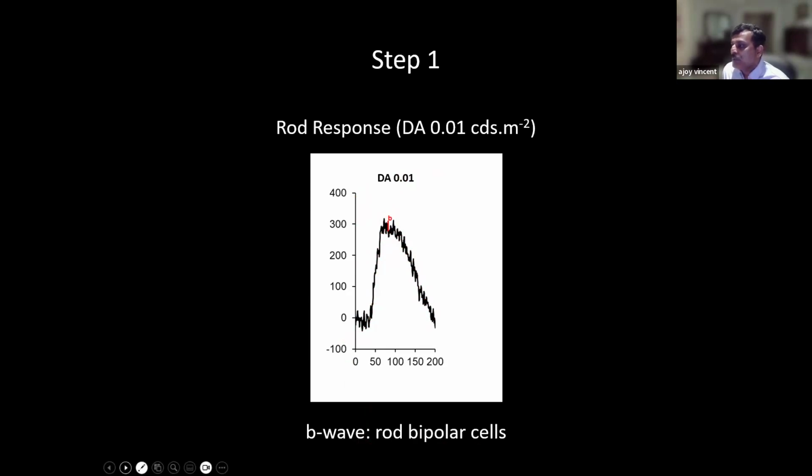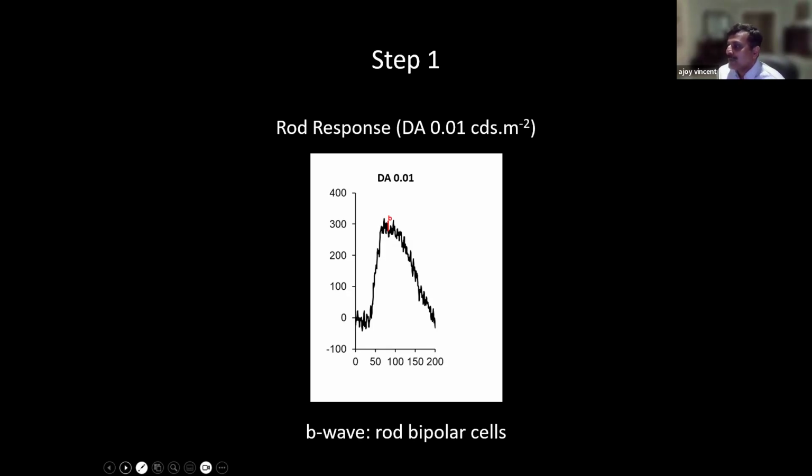When you have a reduced B wave to this stimulus, your interpretation would be that there is a reduction in the rod B wave, which would mean that there is a reduction in rod bipolar system function, which could either be due to a primary rod photoreceptor dysfunction or be due to primary rod bipolar cell dysfunction.